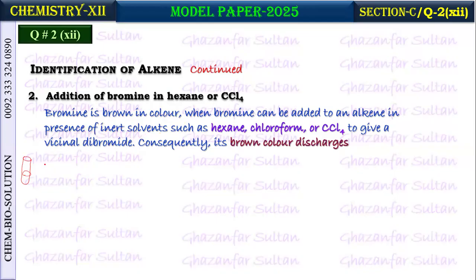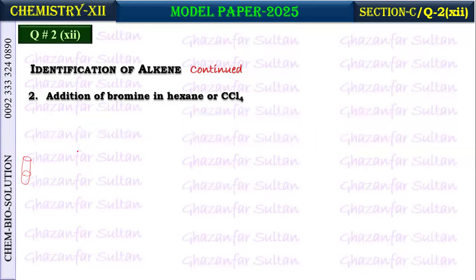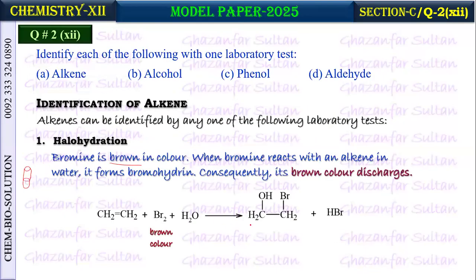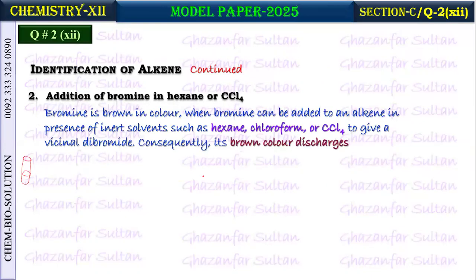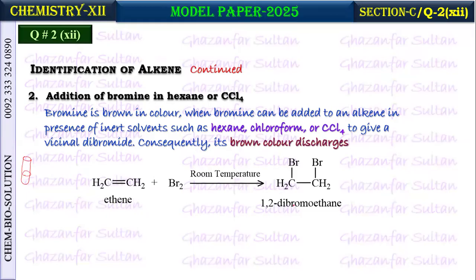So the difference is that in the previous case that you have seen, we obtain this compound, the bromohydrin. The name of this compound is bromohydrin. It is written here. But here the observation would be the same, that the brown color of bromine discharges, but the product is different.